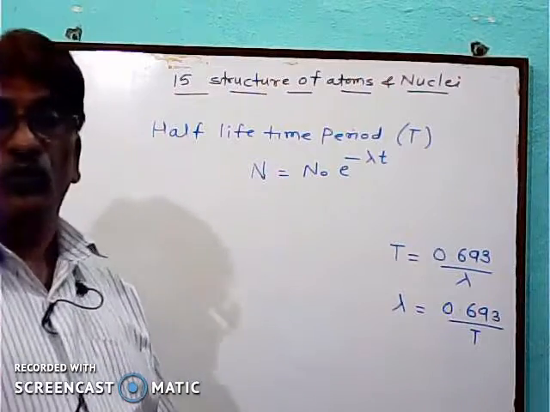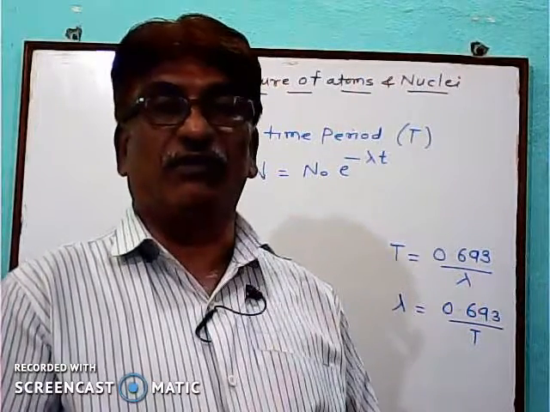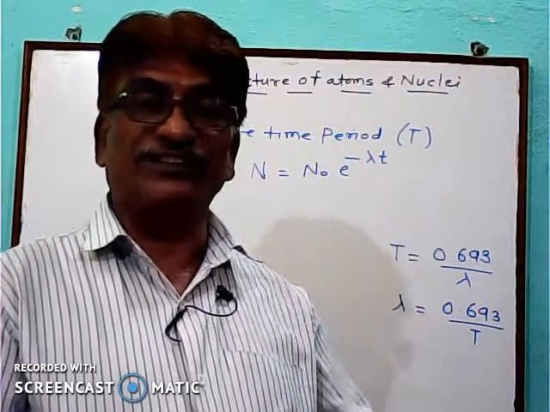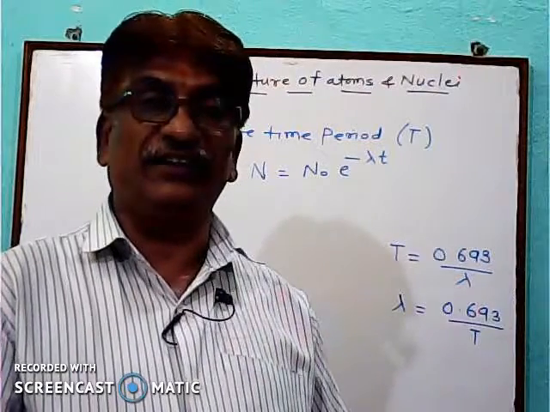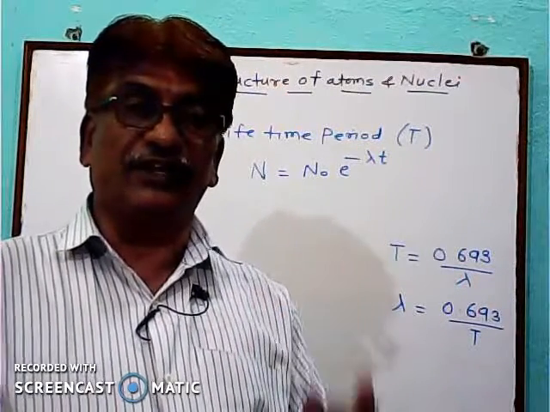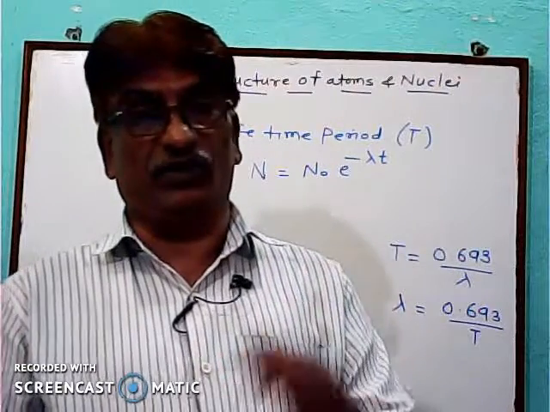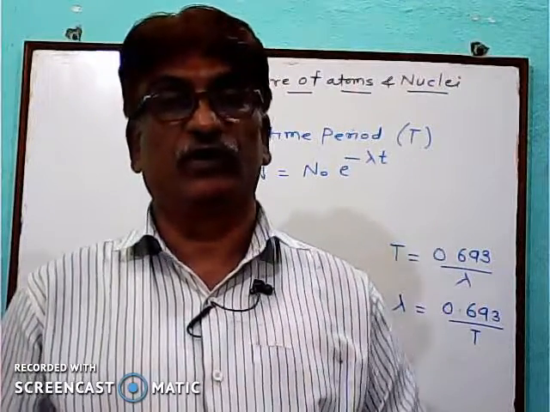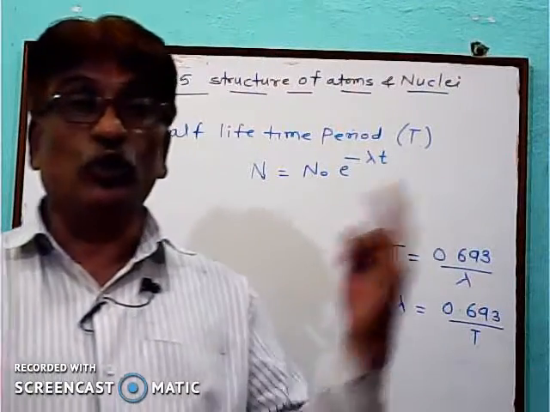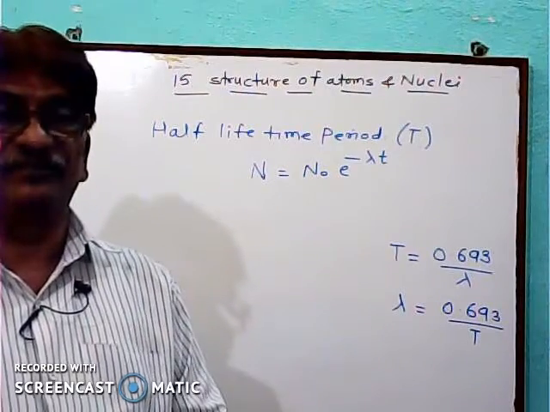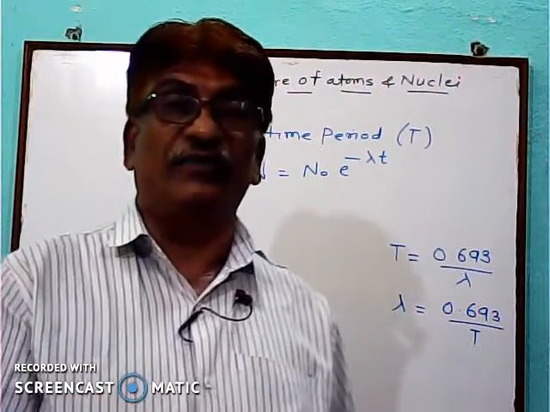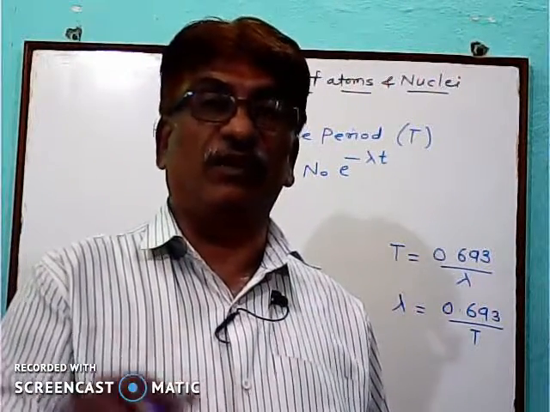So, by the definition of half-life time period, once again we can remember that it is the time taken by a radioactive substance to disintegrate, to decrease to half of the initial number of atoms.